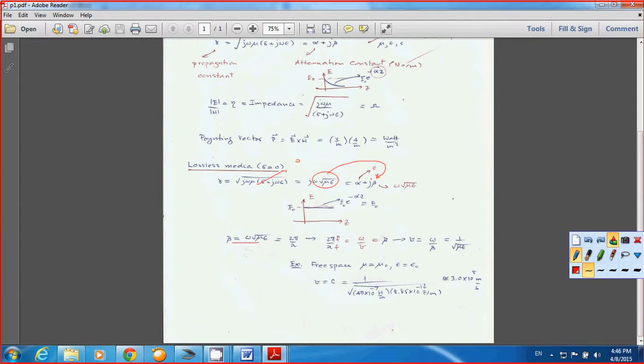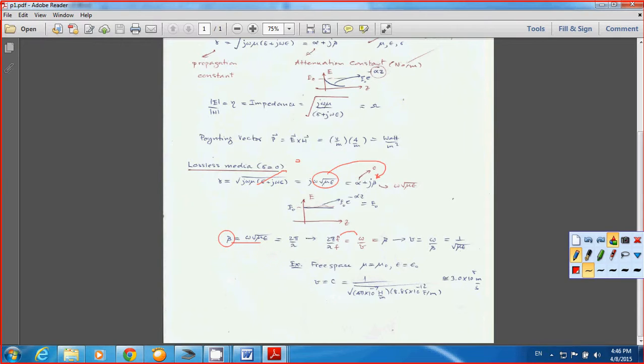And for beta, it gives you what? Your beta simply becomes 2 pi over lambda. From this equation, you can find the velocity of the waves in any kind of materials. When you have beta equal to 2 pi over lambda, you multiply numerator and denominator by frequency.